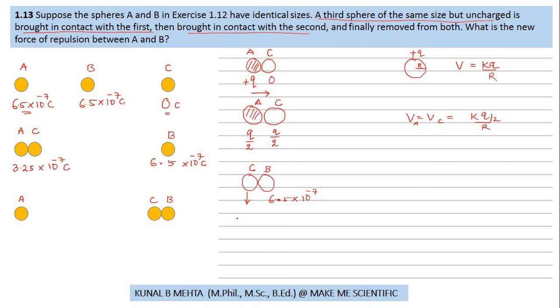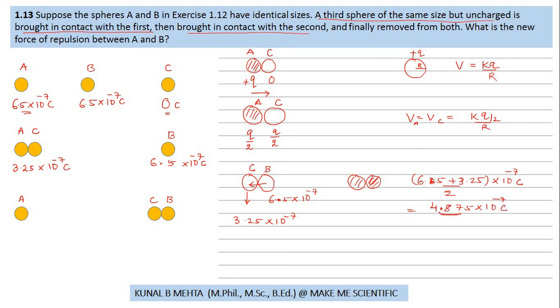And C has 3.25 into 10 raised to minus 7 coulomb. So now the charge is going to go from B to C such that the potentials become equal, and after coming in contact, equal amounts of charge will be there. So it will be (6.5 plus 3.25) into 10 raised to minus 7 coulomb divided by 2, which is 4.875 into 10 raised to minus 7 coulomb.